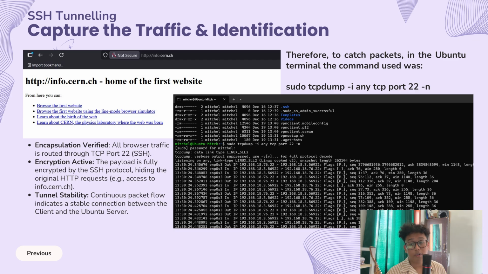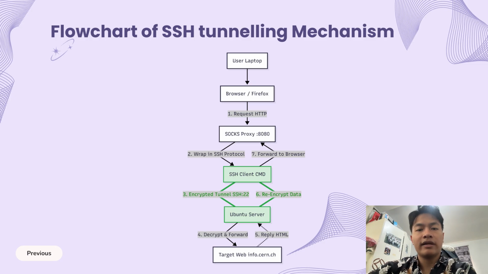The result confirms that the traffic is indeed encrypted. As we can see here, we don't see any HTTP headers, only TCP flags and encrypted payload data flowing through port 22.